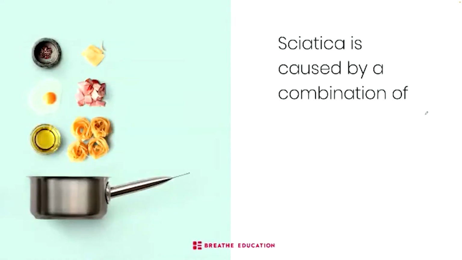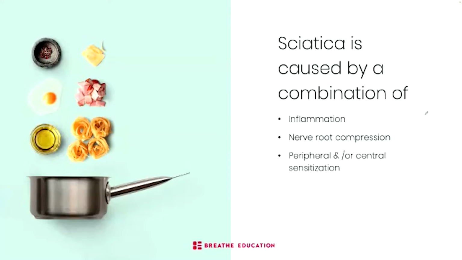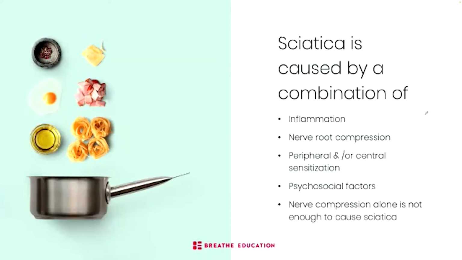So sciatica is caused, in summary, by a combination of inflammation, nerve root compression, so something pressing on a nerve, whether it's the inflammation itself or something else pressing on a nerve, peripheral and or central sensitization, psychosocial factors, and nerve compression alone is not enough to cause sciatica.